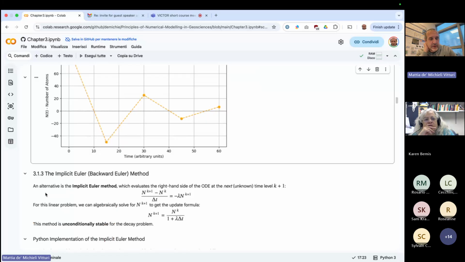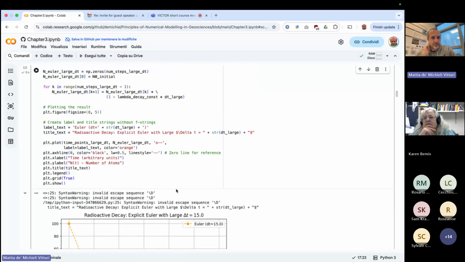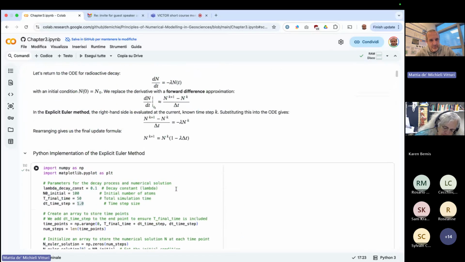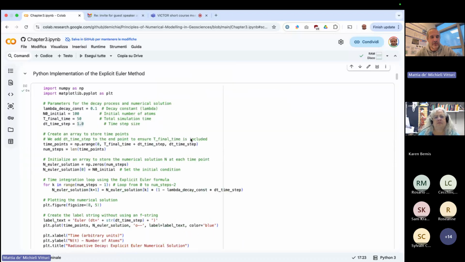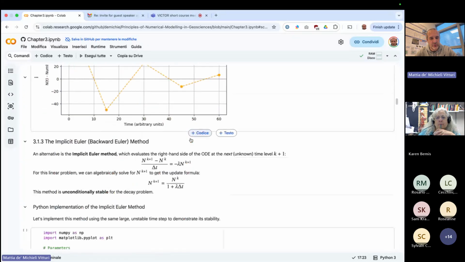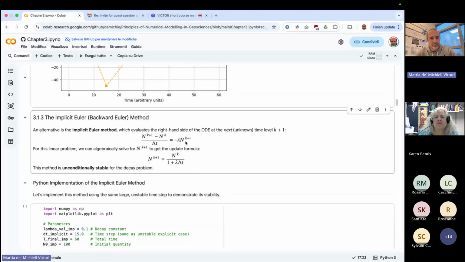So I told you at the beginning that we have two options when we want to solve numerically. One was to use on the left the values that we already know, because we start from one value, which is nk, and then we want to compute a new value. So this is why it's called explicit, because the new solution can be written explicitly in terms of the old one. The other possibility is to use on the right the new value, which is still unknown.